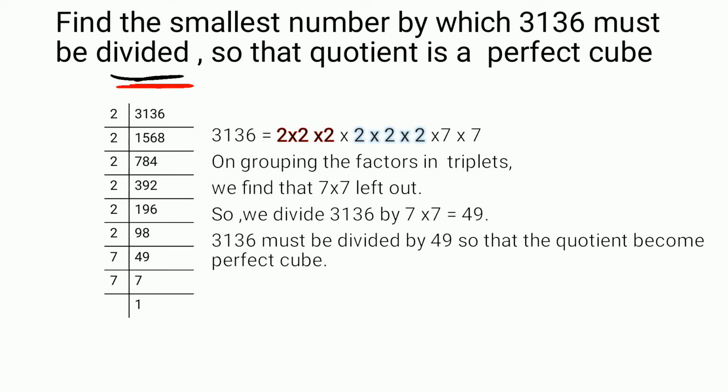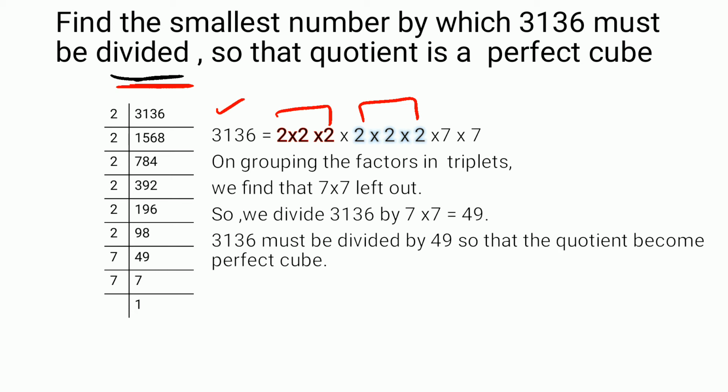You have seen that 3136 has factors 2 into 2 into 2 and 2 into 2 into 2 and 7 into 7. Again grouping it into triplets, there are two groups of triplets, but 7 into 7 remains without grouping.